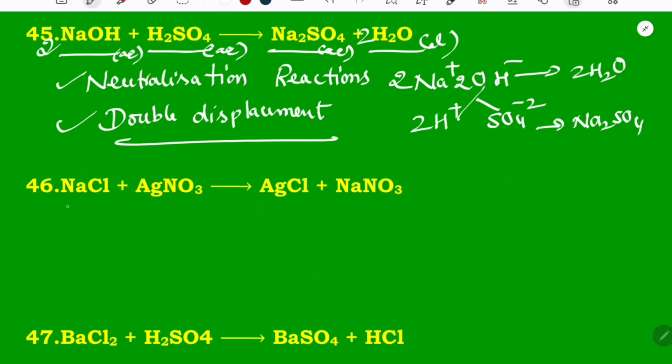So next, here are two salt solutions. Just observe these are two salt solutions. Sodium chloride is aqueous, this is silver nitrate aqueous. Here a precipitate, solid form, this is aqueous. So first of all, you check whether the equation is balanced or not. Sodium, sodium. So everything is balanced. So here what takes place? This Na reacts with this one, this Ag is reacting with this one.